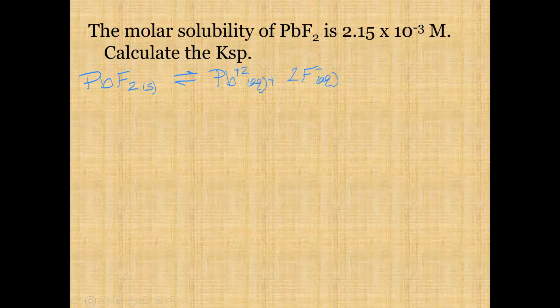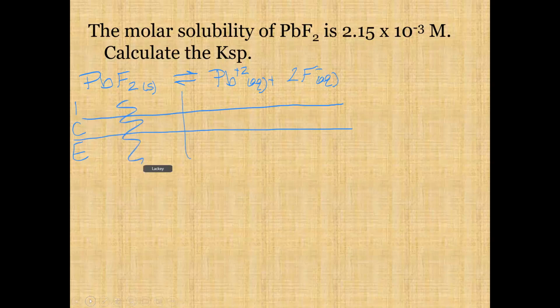We have to do an ICE table to figure this out. So I'm going to set up our ICE table. Remember, with equilibrium, solids don't do anything, so we can kind of ignore that column. Since we're starting off with a solid, we have none of the ions initially.